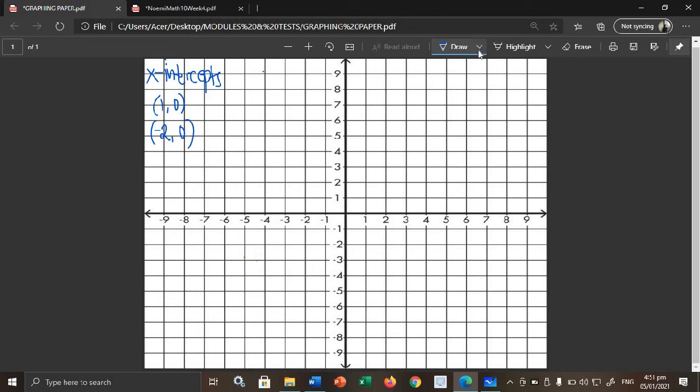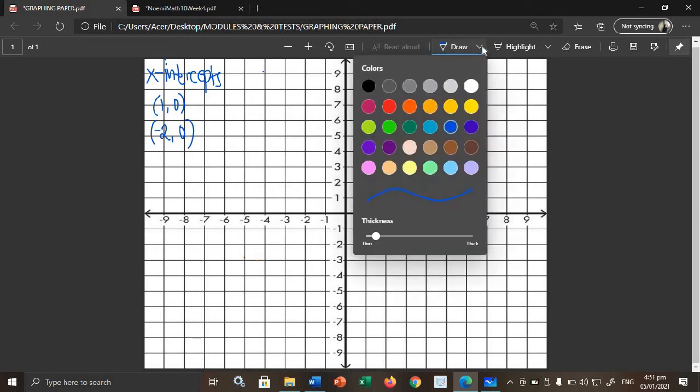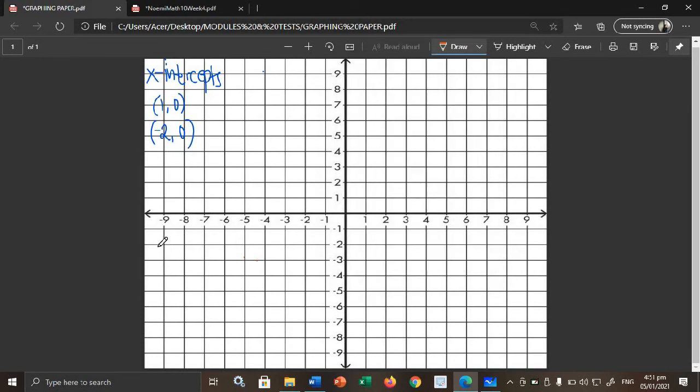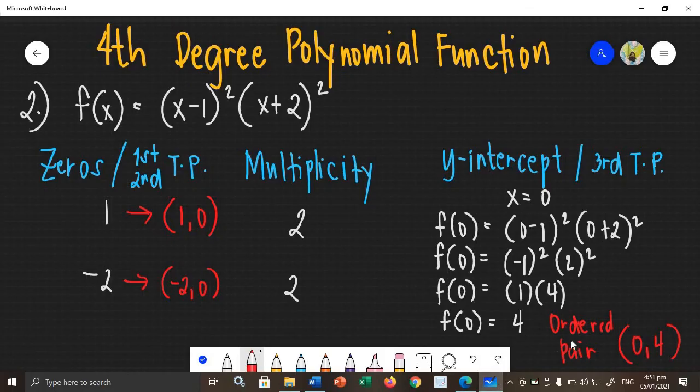Ayan. And then, we need to write also yung y-intercept. So the y-intercept is this one. So 0, 4.